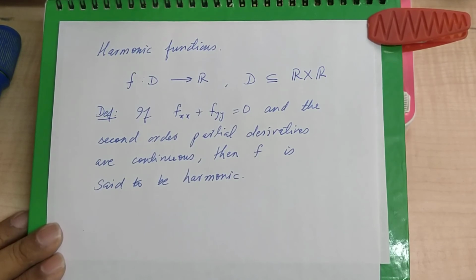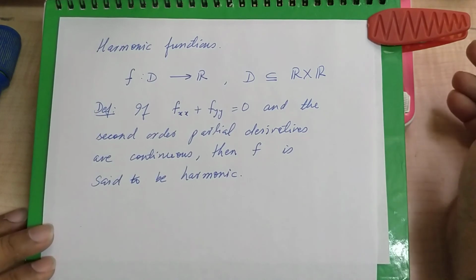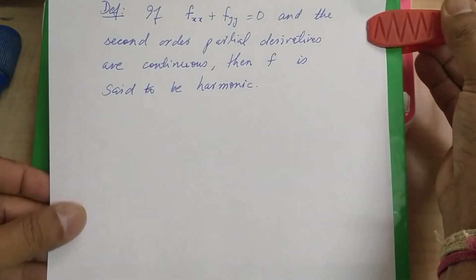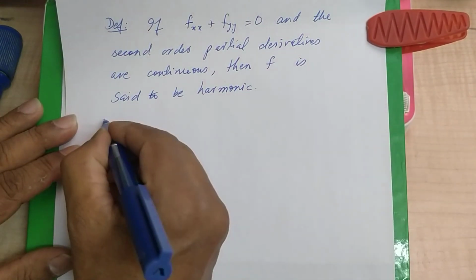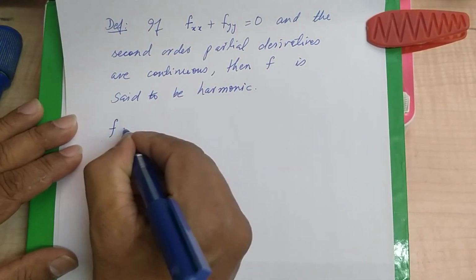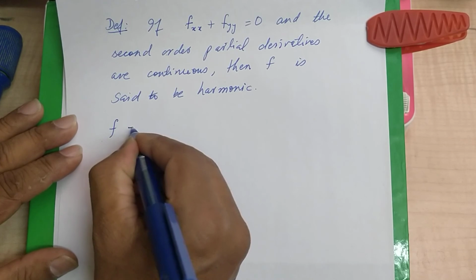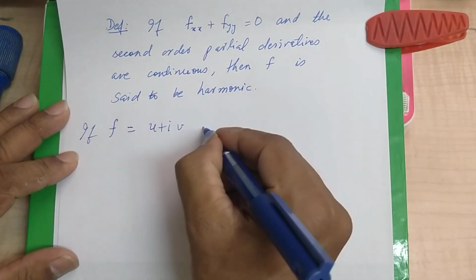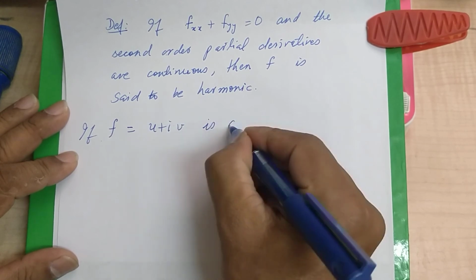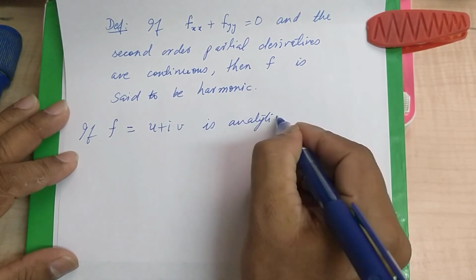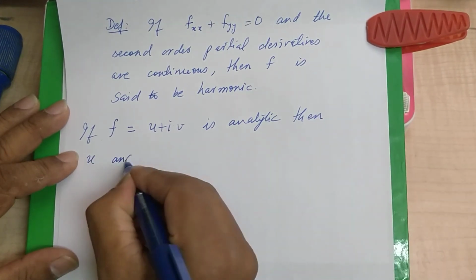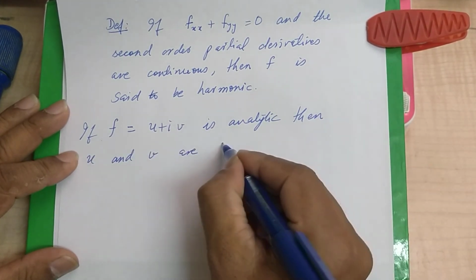Why are we discussing harmonic functions here? They have a nice connection with analytic functions. What is that connection? If f, which is equal to u plus iv, is analytic, then u and v are harmonic.